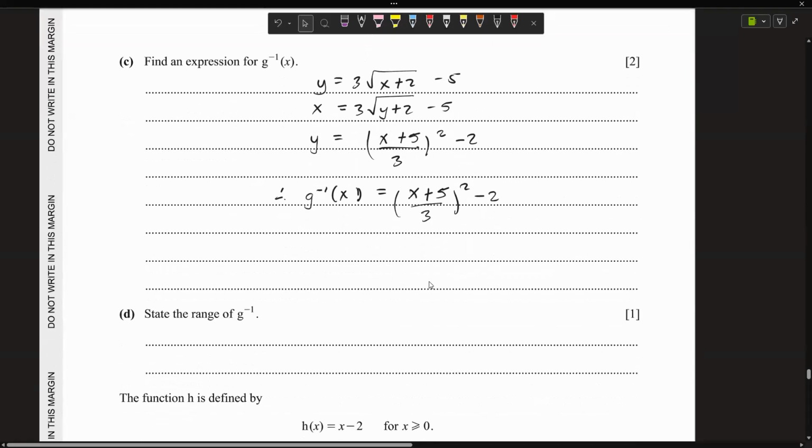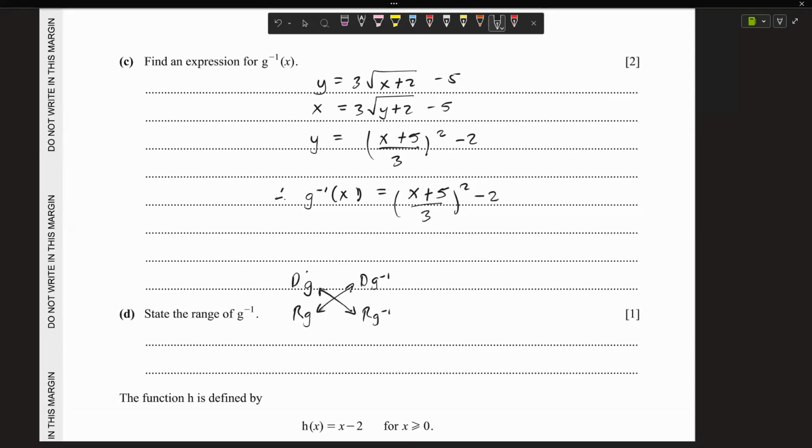Then for D, state the range of g inverse. All right, so basically, if we have a function g, and we have its domain and range, then the domain of g inverse and the range of g inverse are the same, right?